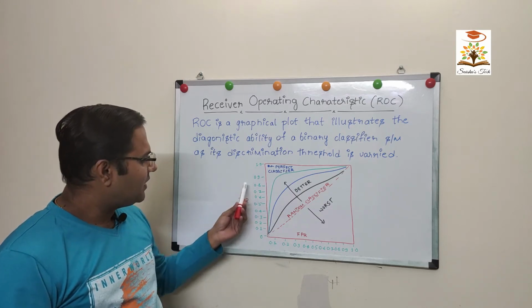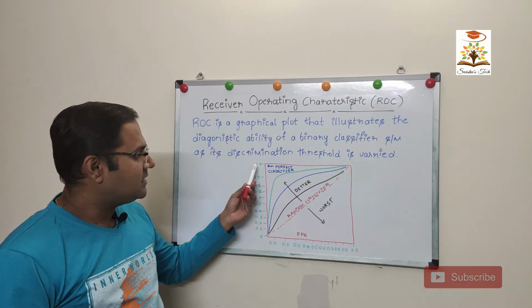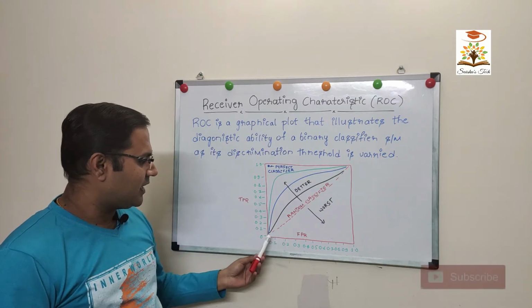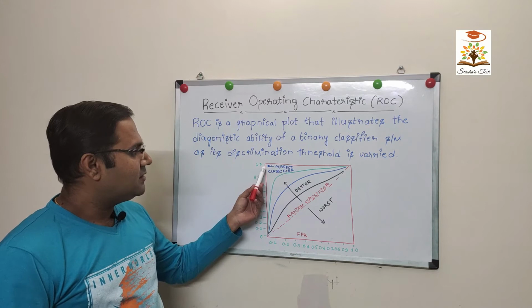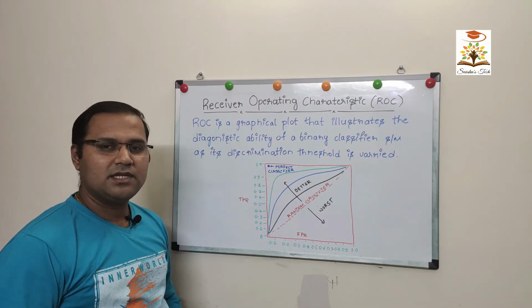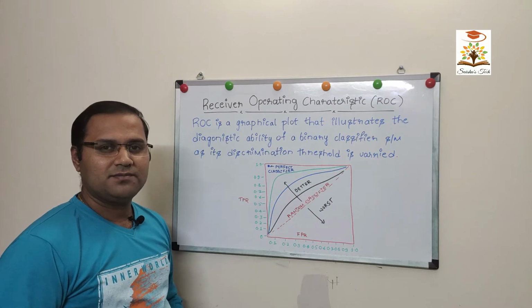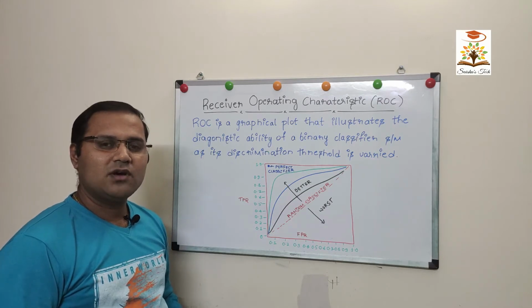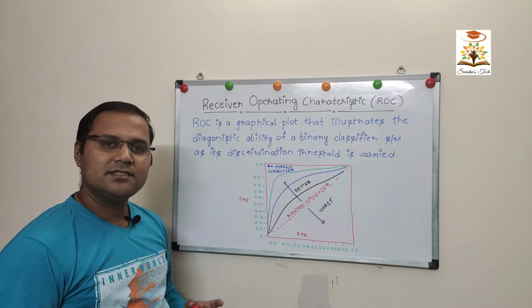For example, if the true positive rate is 1 and the false positive rate is 0, that ROC curve is a perfect ROC curve model, which means that model will provide you the highest accuracy.